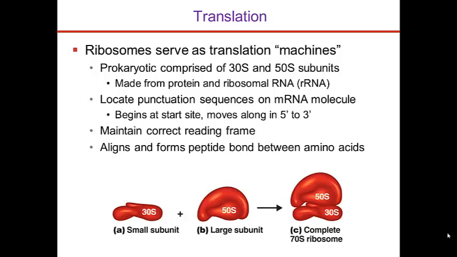The small ribosomal subunit reads the messenger RNA. The large subunit joins amino acids to form the polypeptide chain. Each subunit is composed of one or more ribosomal RNAs, or rRNAs, and a variety of proteins.